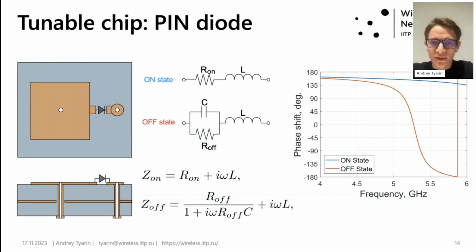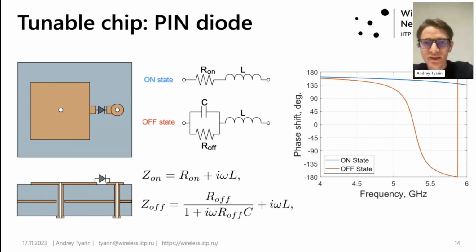We start with the pin diode. A pin diode is a diode with a wide undoped semiconductor I-type region between heavily doped P-type and N-type regions. It has two operational states, forward bias or on, and reverse bias or off.